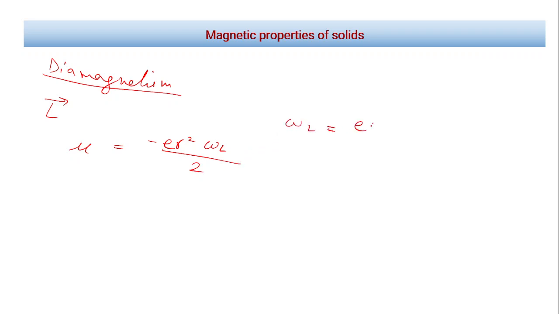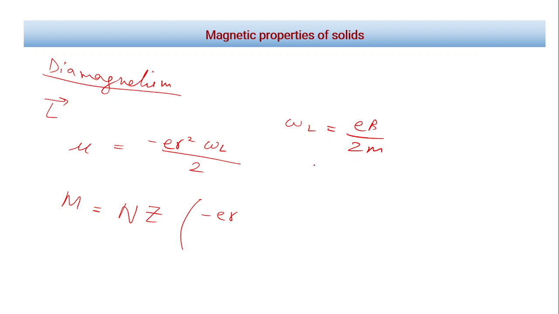So this frequency is 3/2. So the magnetization for that particular material will be the number of atoms in that material, the atomic number, the number of electrons, the atomic number of that element, and then this mu.